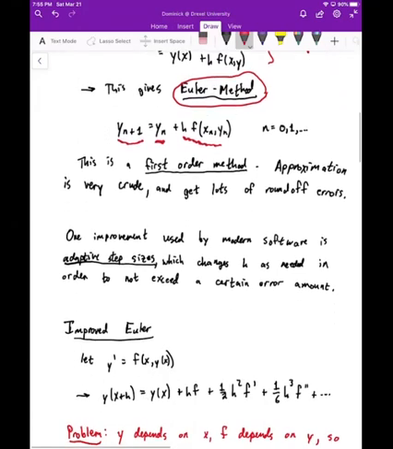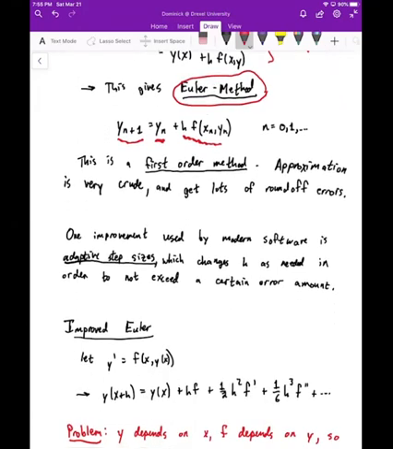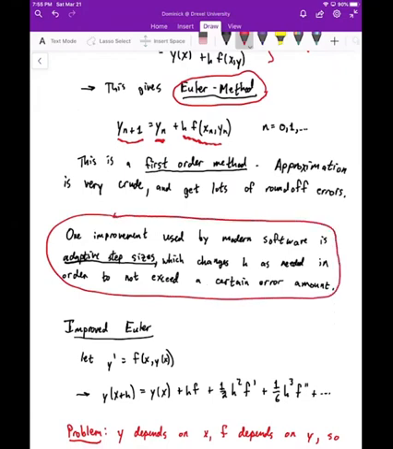Now, one thing that I'll mention here in passing is that in all of these things that we're going to consider, our h is fixed, right? So if we pick h to be 0.2 or whatever, then that's what it is the entire time. Now, one thing that modern software does is use something called adaptive step sizes, right?